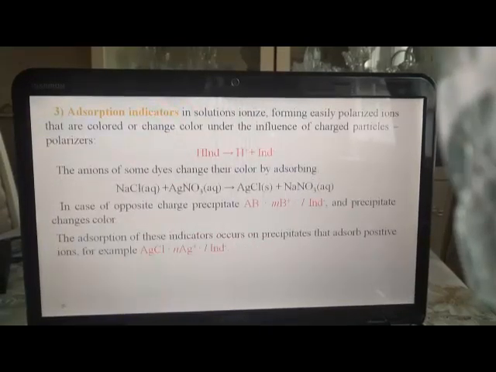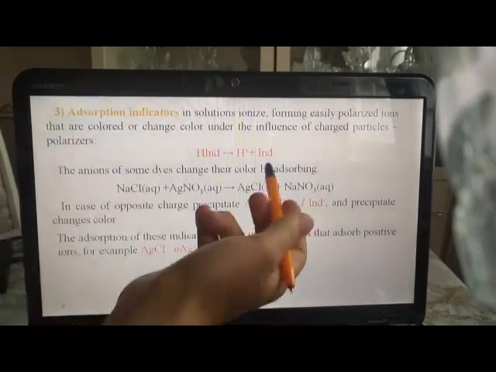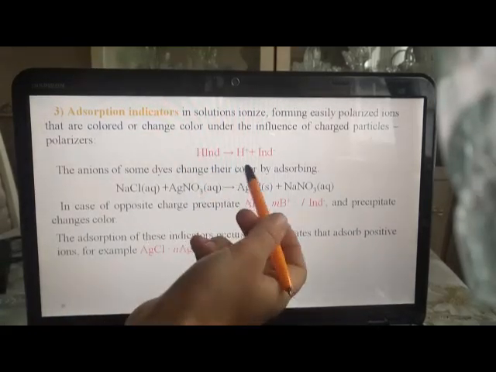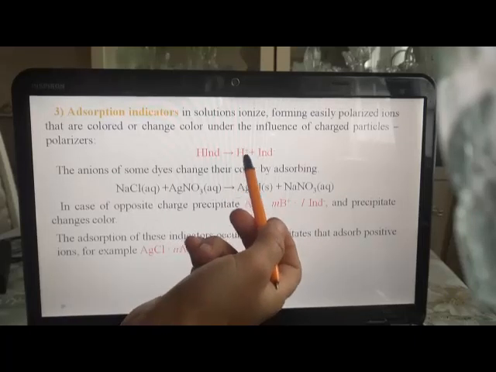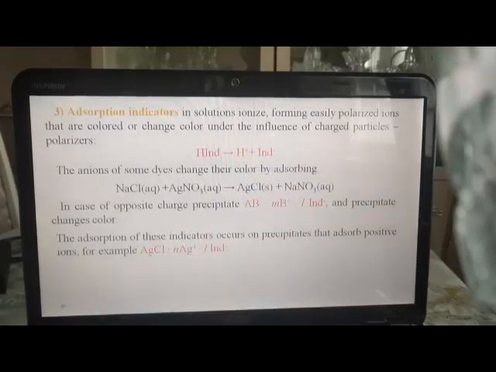Third, adsorption indicators. In solutions they are ionized, forming easily polarized ions that are colored or change color under the influence of charged polarized particles. The composition of adsorption indicators is hydrogen protons and indicator, a negatively charged indicator. The anions of some dyes change their color by adsorbing.